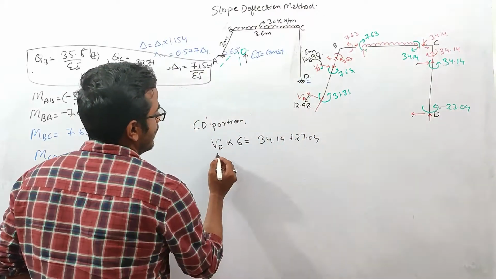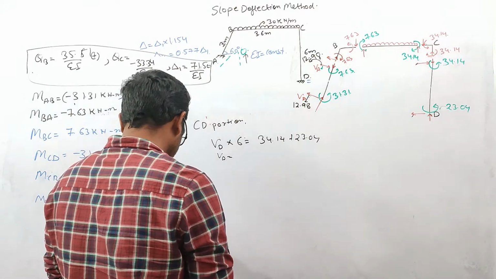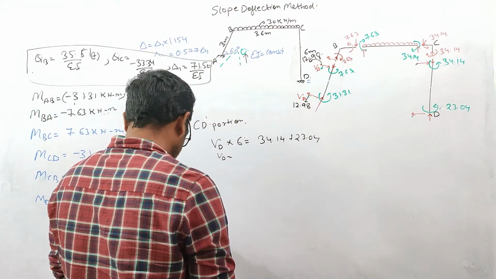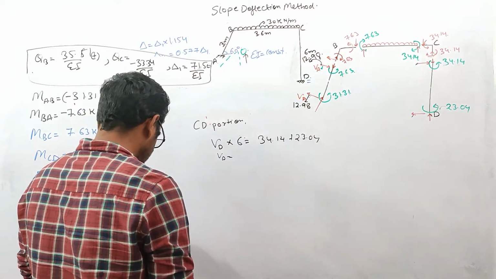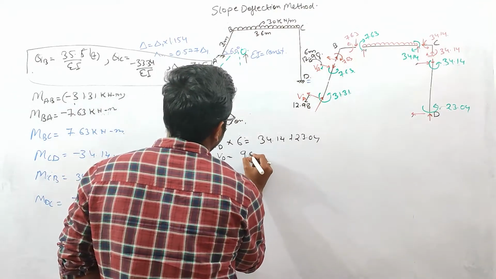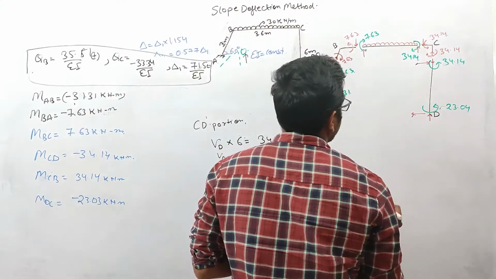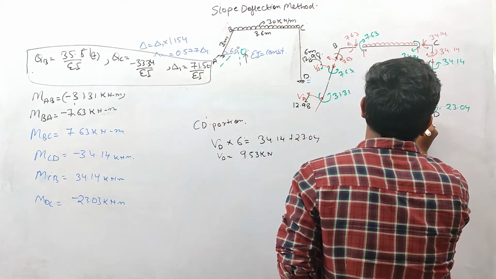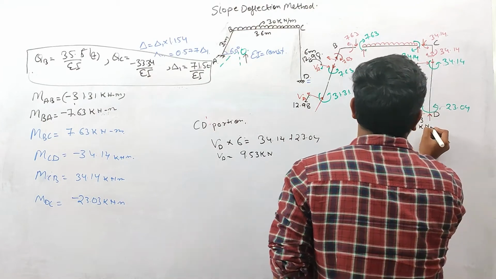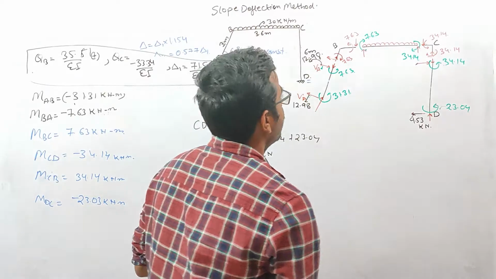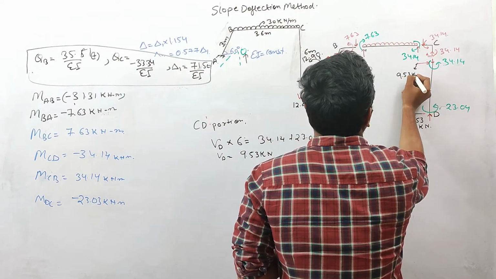So VD equals 34.14 plus 23.04 divided by 6. VD comes out to be 9.53 kilonewton. At this point the value is 9.53 kilonewton, and similarly this value is again 9.53 kilonewton.